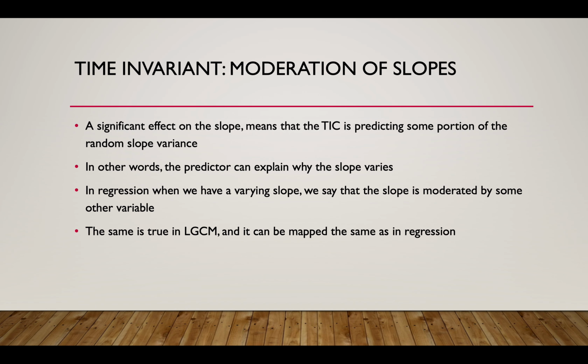If a time invariant covariate significantly predicts a slope, that means that slope varies as a function of that covariate. In other words, that is an interaction effect, right? When you think about the way that you plug in your effects, you have an effect of x, an effect of m, an effect of xm, and then you need your intercept.